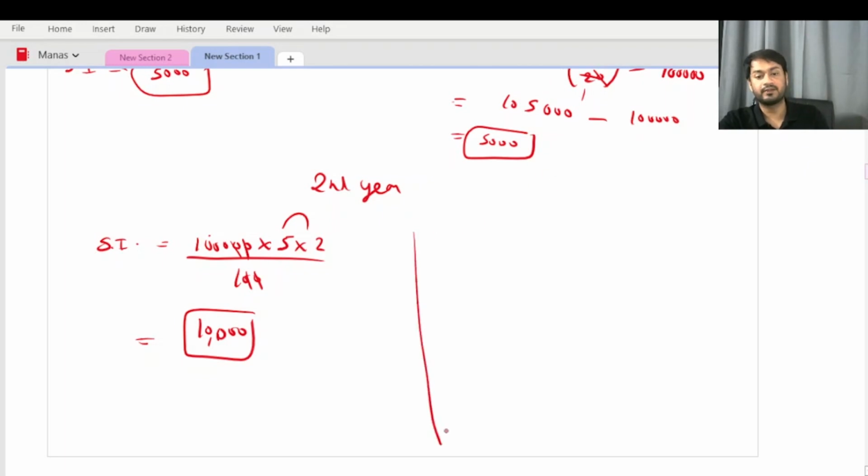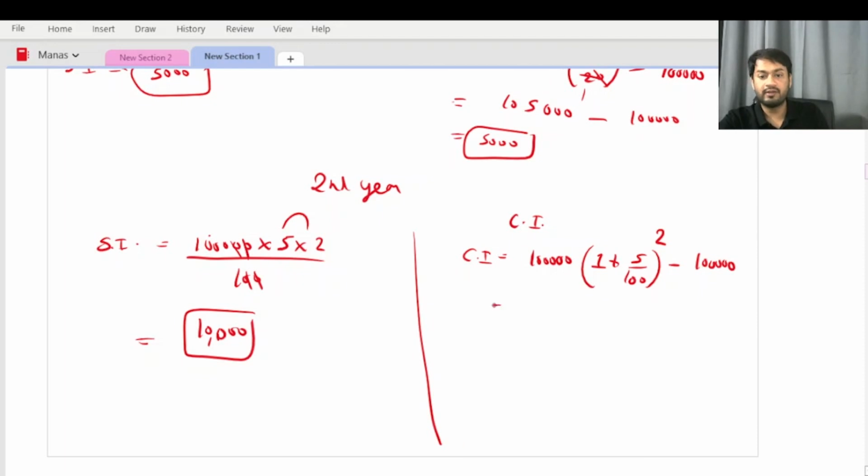Now here the amount will change. Look how. The compound interest CI is equal to, principal is 1 lakh, so I'm writing 1 lakh, then 1 plus 5 upon 100, and here the time will be 2, minus 1 lakh.